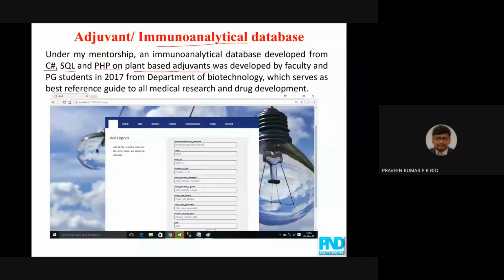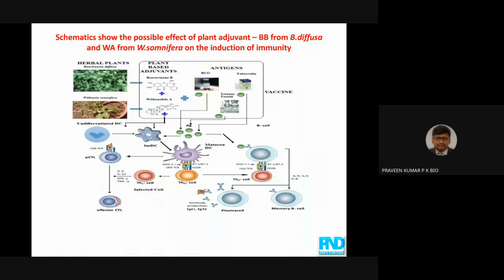For arthritis, which is the best plant compound? For asthma, which is the best plant compound? Like this, for each and every disease, we can come up with a vaccine, and the best adjuvant can also be found from the tools. So this is a tool we have developed in our institution.